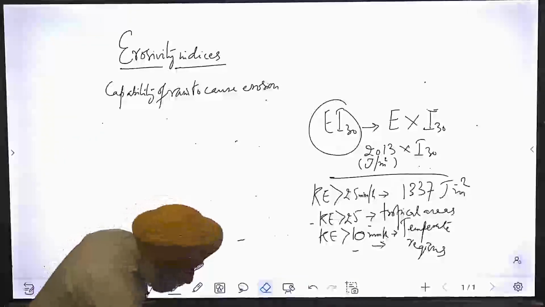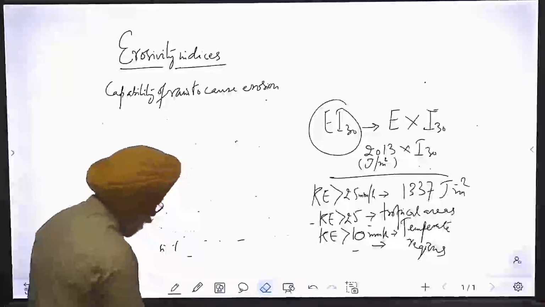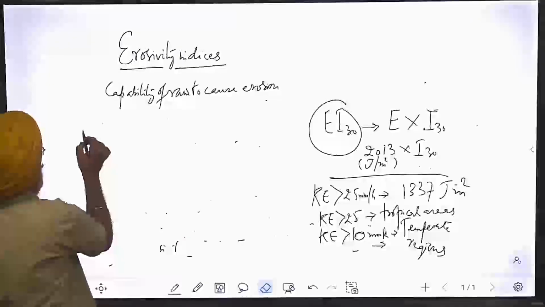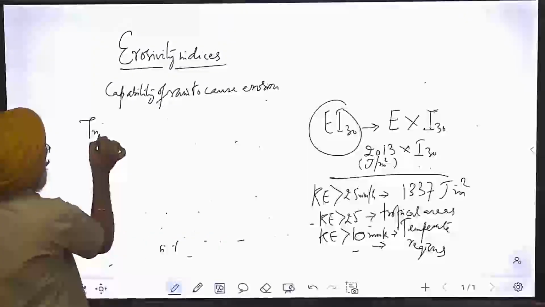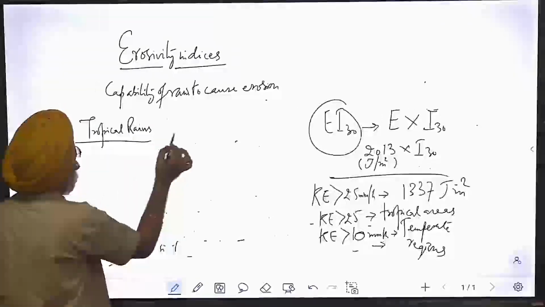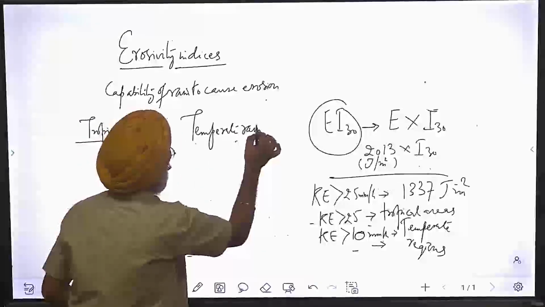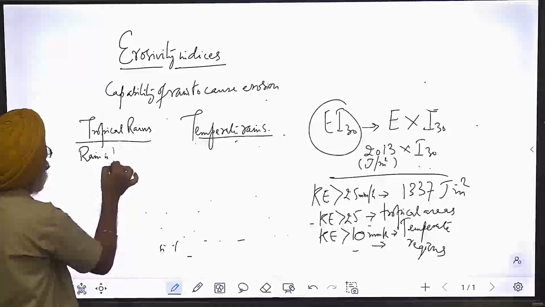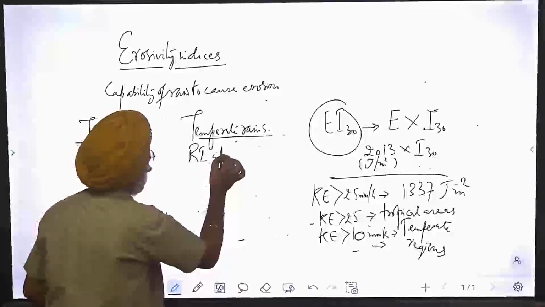Some of the differences between the two: number one is tropical rains and temperate rains. The major difference is that rain intensity is higher here, and here rain intensity is lower.